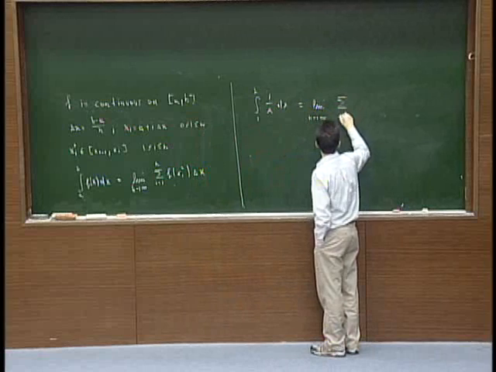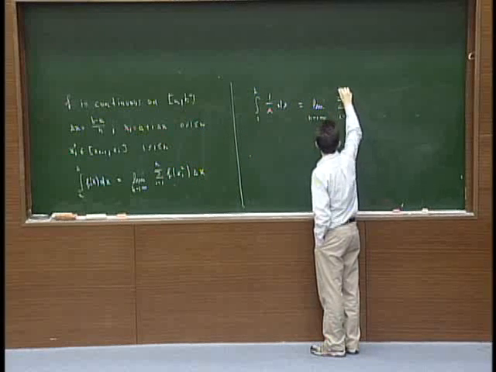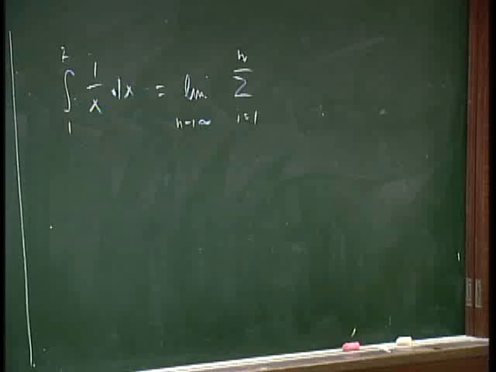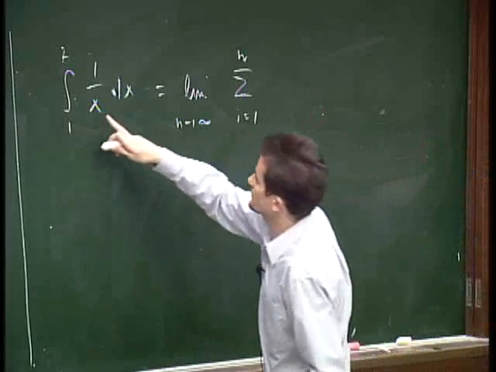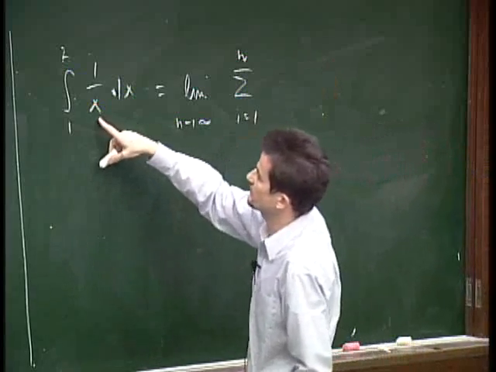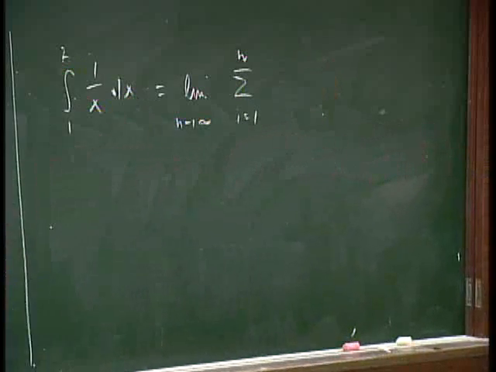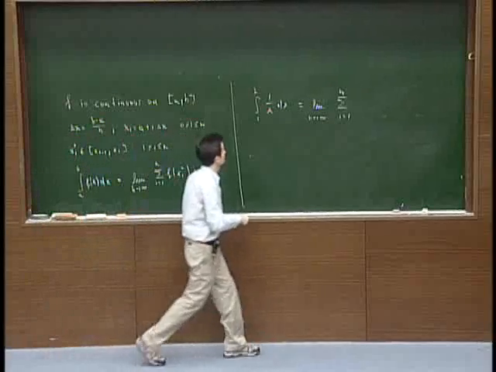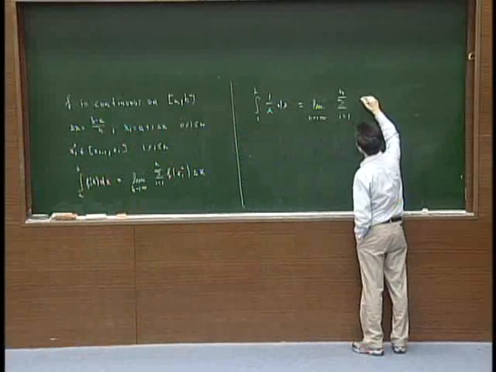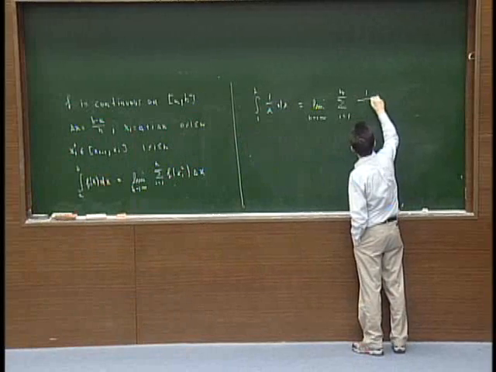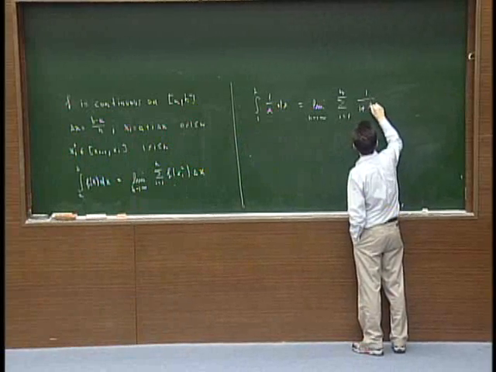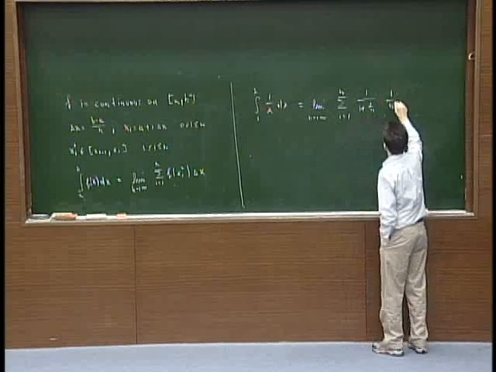For instance, using right endpoints, we have delta x is 1 over n, so you have 1 over 1 plus i over n, and then you multiply everything with 1 over n.